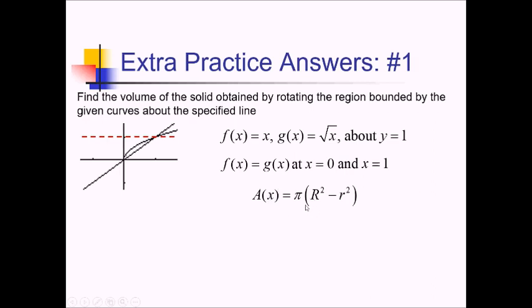Big R is the distance from the axis of revolution to the further away boundary of the region. So that's a distance of 1 minus this lower function f of x, and I'm squaring that. And I'm subtracting little r squared now. Little r is the distance from the axis to the closer curve. So that's 1 minus radical x, or 1 minus g of x, whole thing squared.